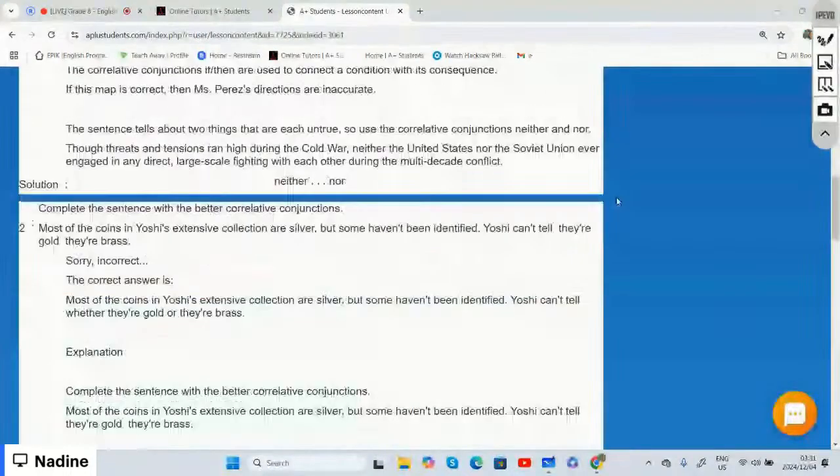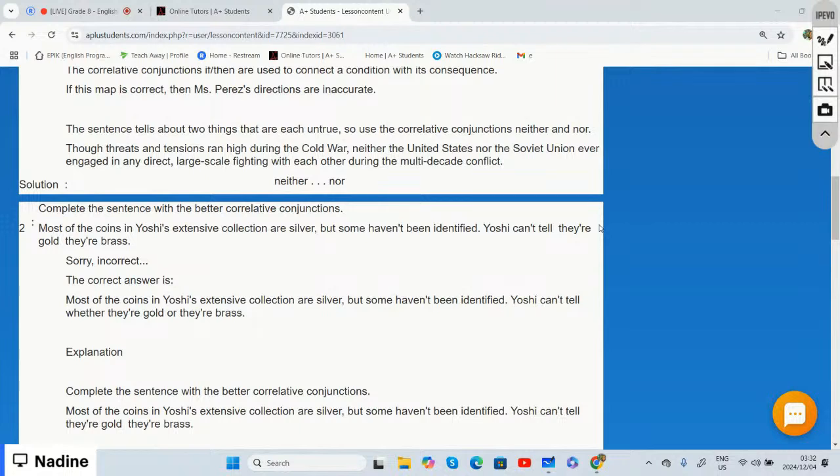The next one says most of the coins in Yoshi's extensive collection are silver, but some haven't been identified.